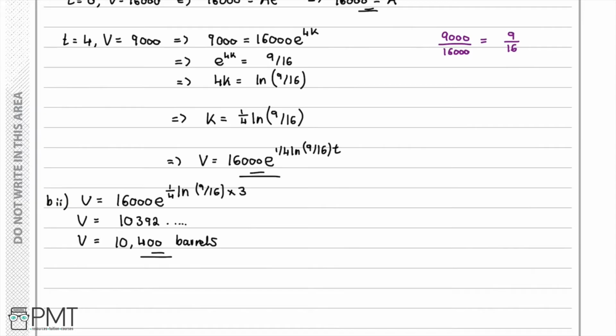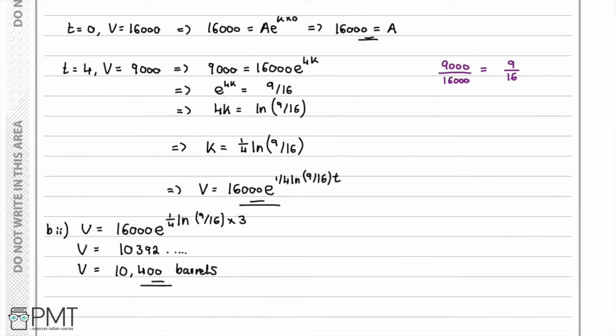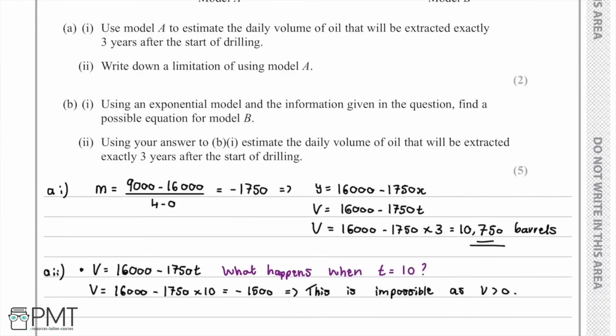So this means that after 3 years, they will have extracted 10,400 barrels of oil.